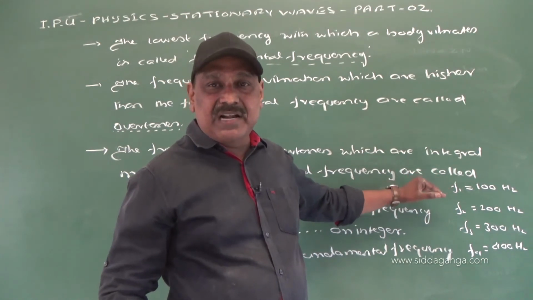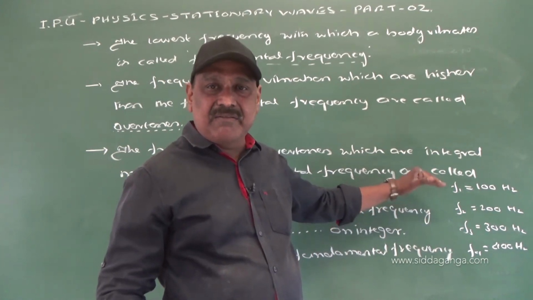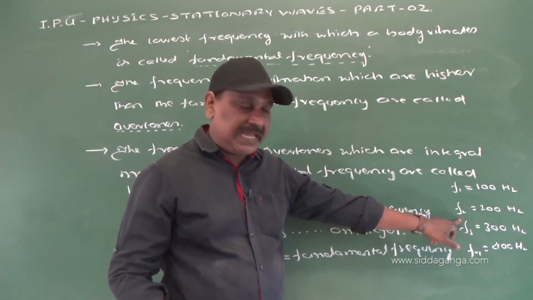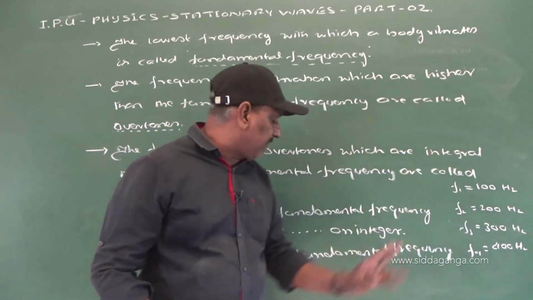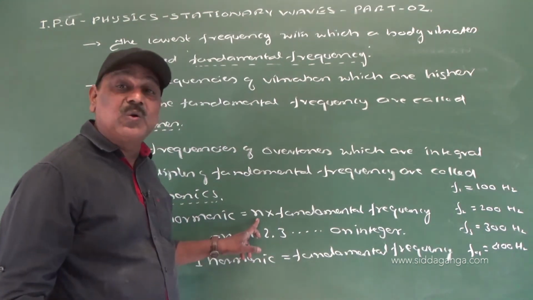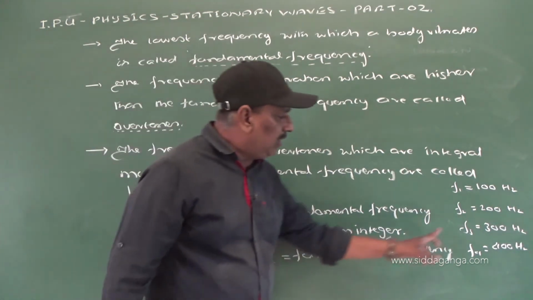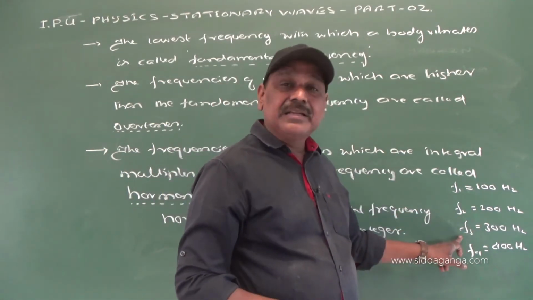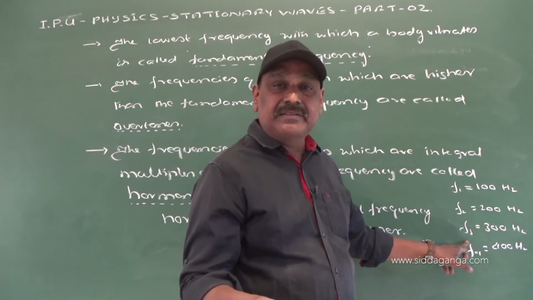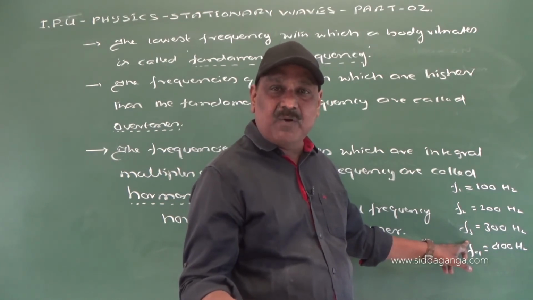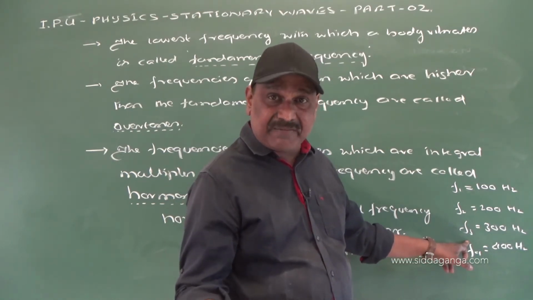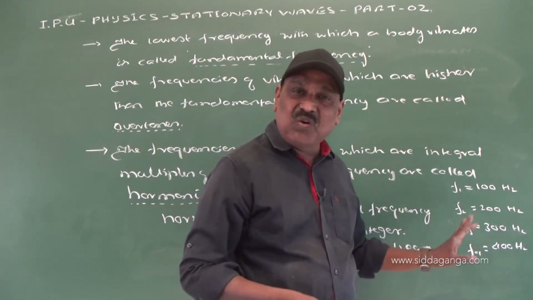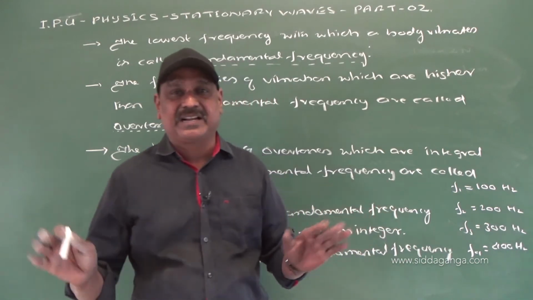So fundamental frequency is always equal to first harmonic. This is 2 times the fundamental frequency, n is equal to 2, so this is called the second harmonic. If the frequency of an overtone is 3 times the fundamental frequency, then it is called the third harmonic, fourth harmonic etc., right.